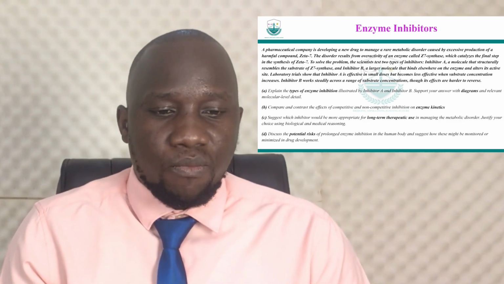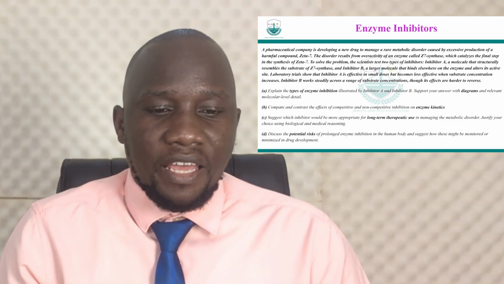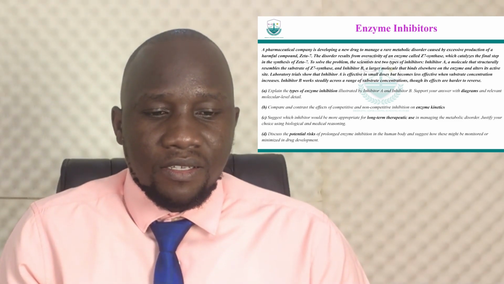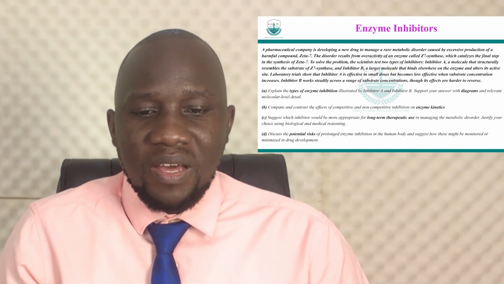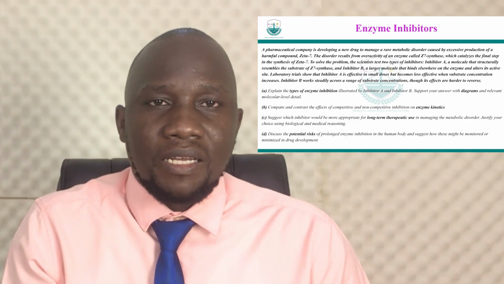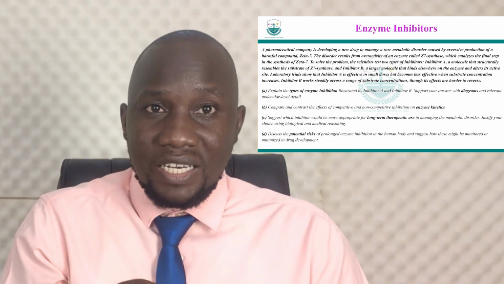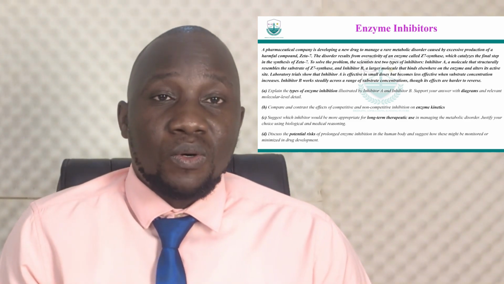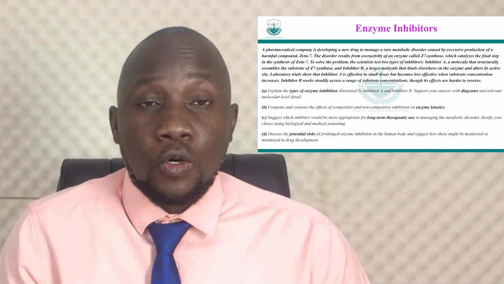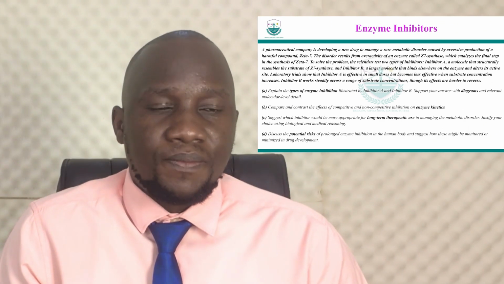We actually see from the scenario that inhibitor A is effective in small doses, but becomes less effective when you increase the substrate concentration. So that also points to the fact that it is a competitive inhibitor, because non-competitive inhibitors are not affected by the concentration of the substrate.